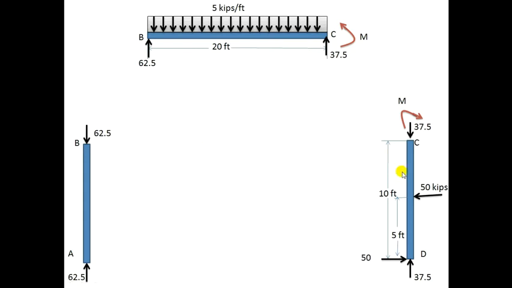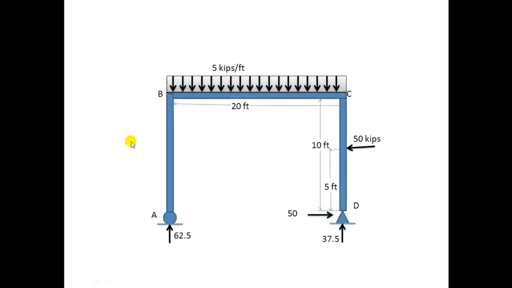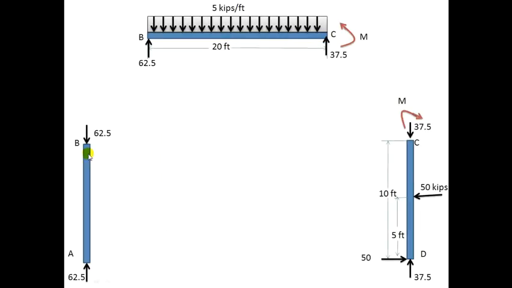First of all, no moment will be transferred from B to B, because here is the roller, with no horizontal reaction and no moment acting here as a reaction, so there will be no moment as a result at B, and no moment and horizontal reaction at point B. But here at D the horizontal reaction is acting, so to counter this horizontal reaction the moment will act over here, and this moment will be transferred from C to C.